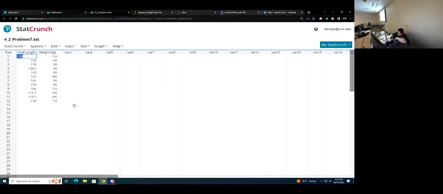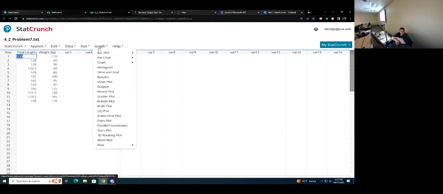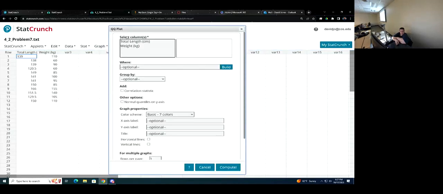Yep, there they are. There's my bears. So these do not have a z-score calculated. So what we're going to do is our QQ plot. Graph, QQ plot.